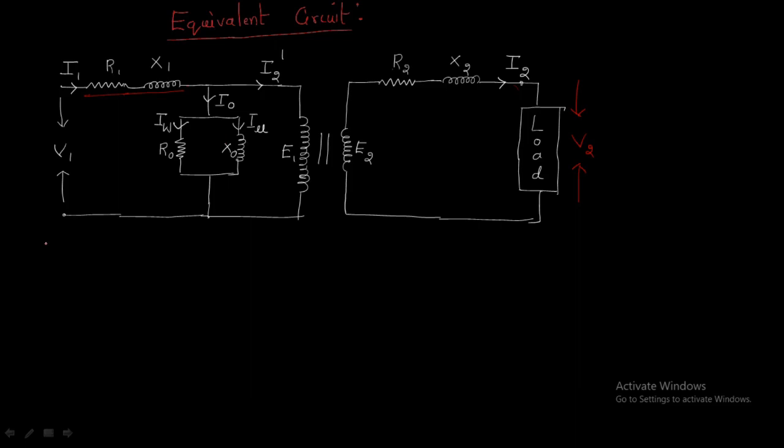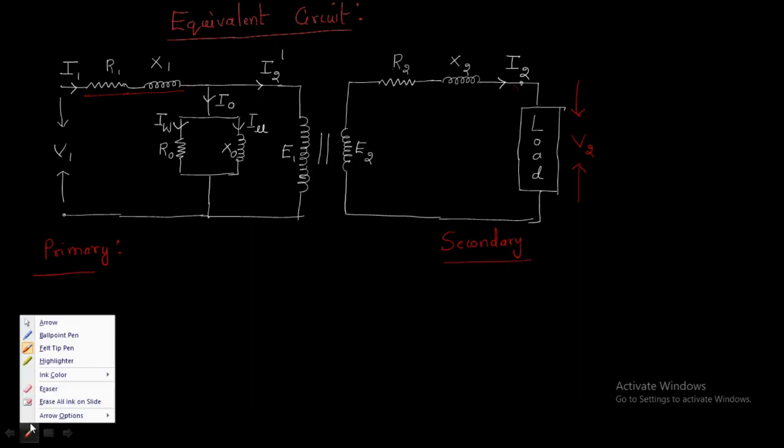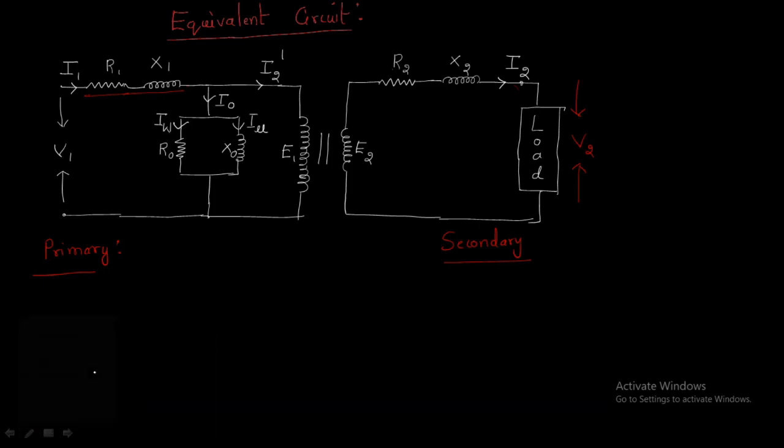First, the primary winding points, and then the secondary winding. So on the primary winding side, we have the supply voltage first.